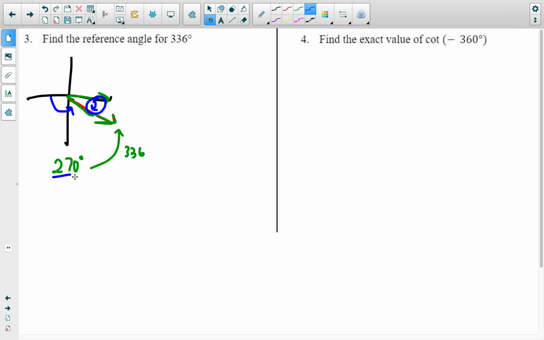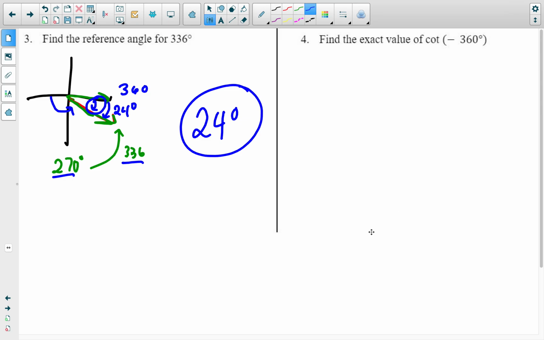So how far is it from 270 to 336? And then how far is it from there up to 360? Or you could just take 360, that's probably easier, 360 minus 336 to see that this angle right here would be 24 degrees. And again, it's positive because reference angles are always positive. Okay? So those are reference angles.